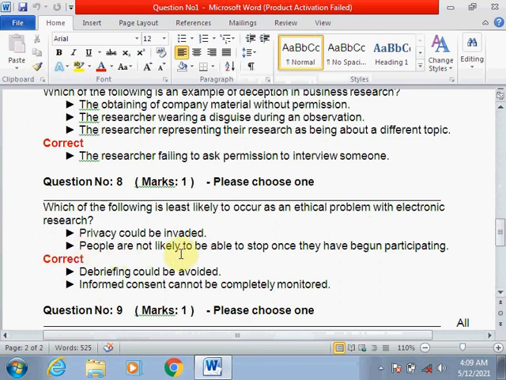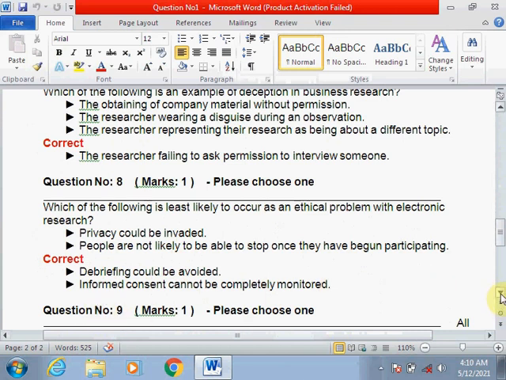People are not likely to be able to stop once they have begun participating. Debriefing could be avoided. Informed consent cannot be completely monitored. The correct option of question number 8 is second option.